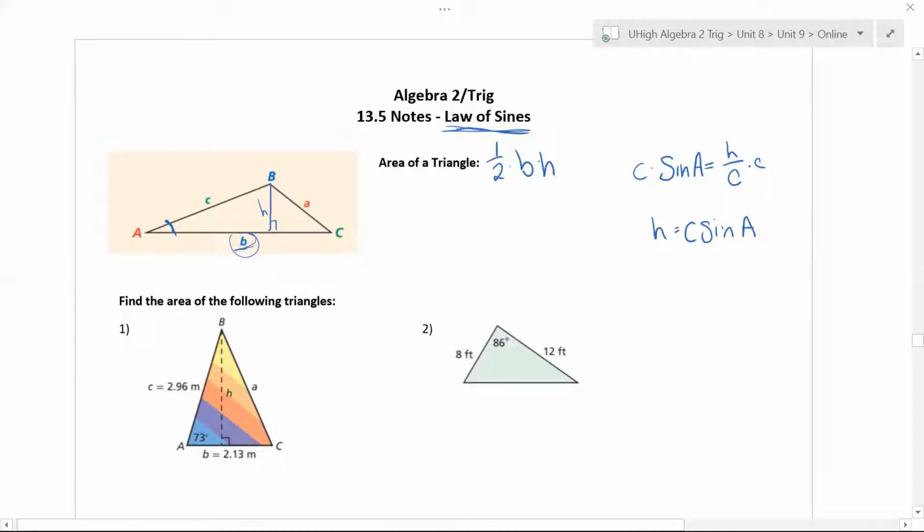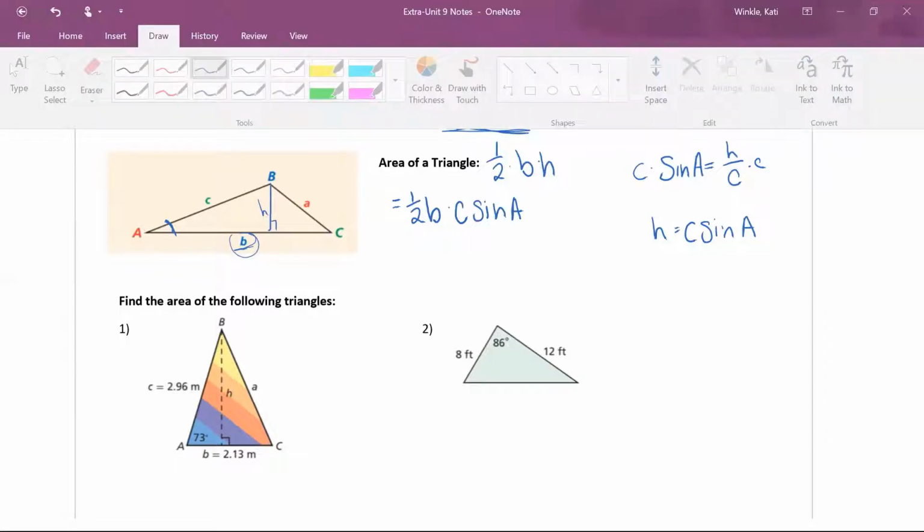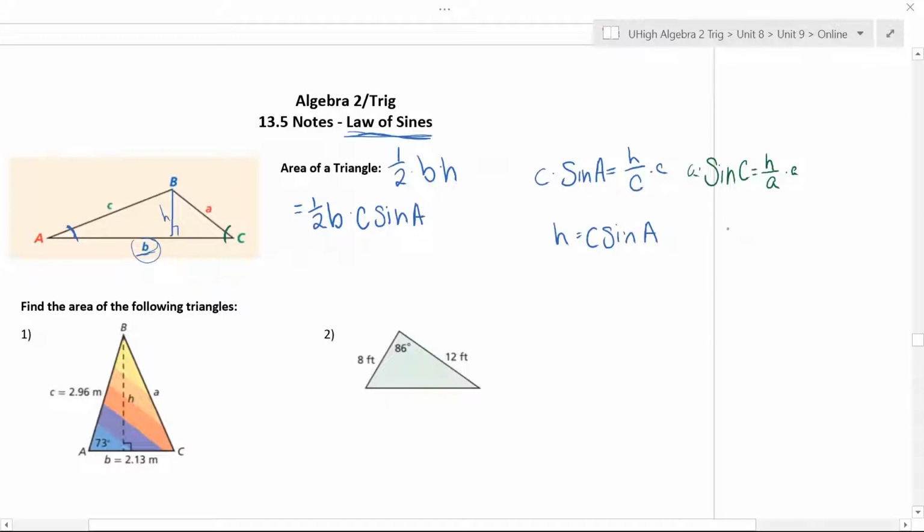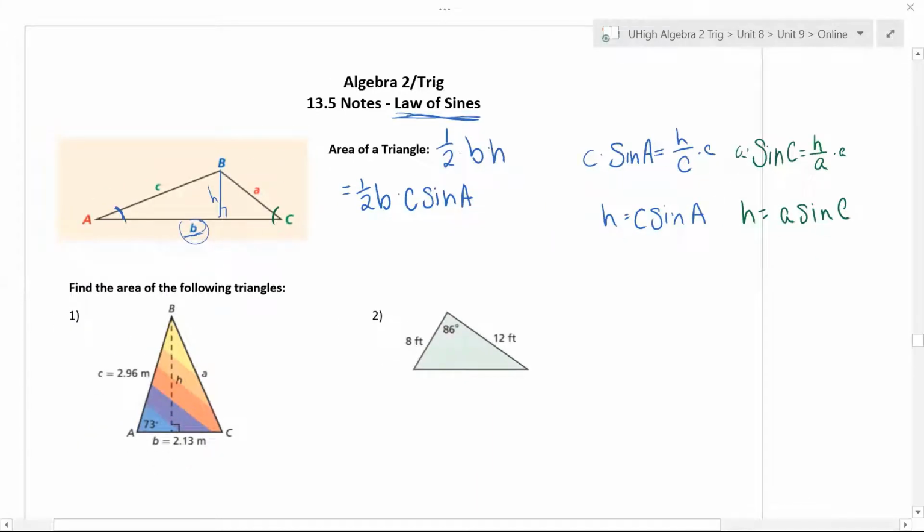So one way that I could find the area of this triangle is if I did 1/2 my base times C times the sine of A. The other way that I could do this to solve for the height that I chose right here is if I look at angle C and I see that the sine of C is opposite over hypotenuse, I can multiply both sides by A and find that h equals A times the sine of C. So I could also substitute in A times the sine of C for my h value.